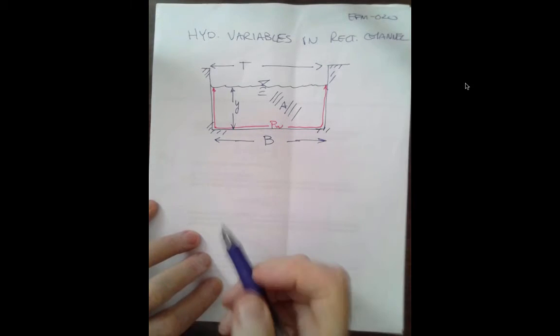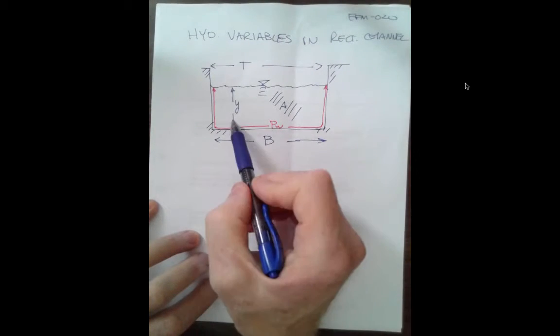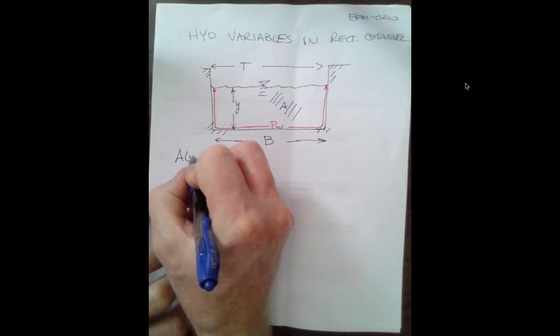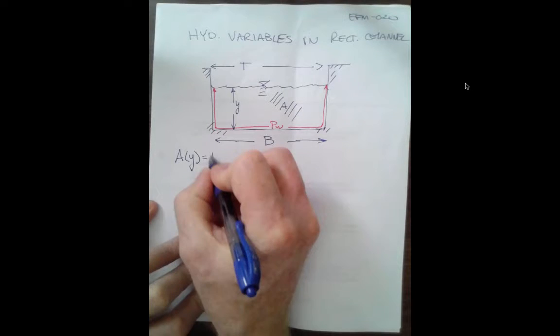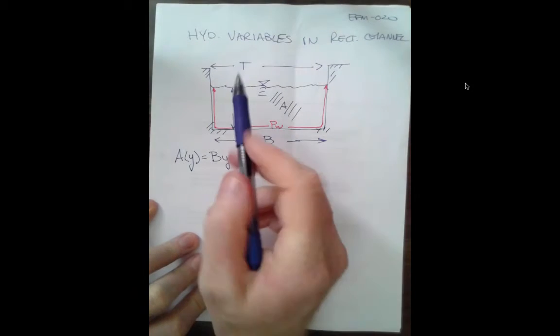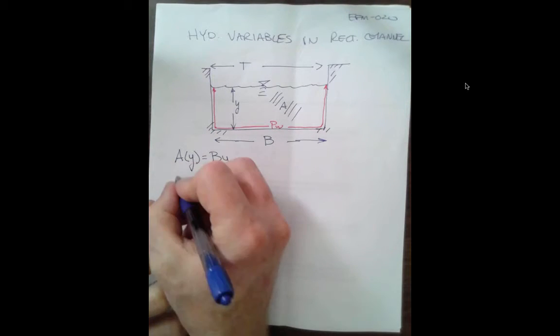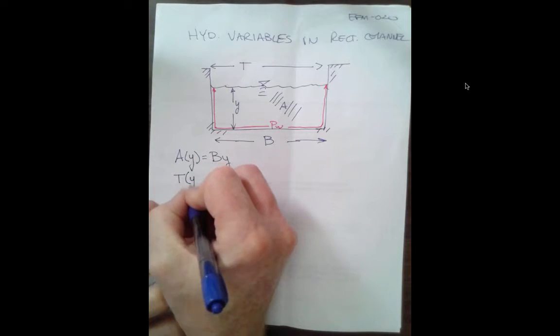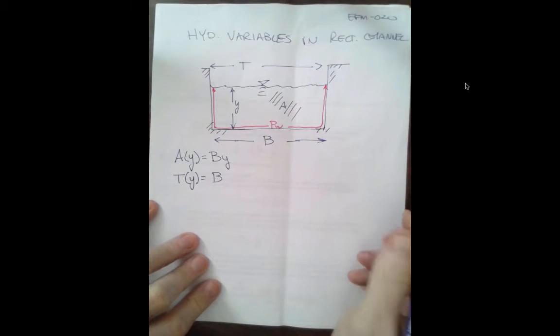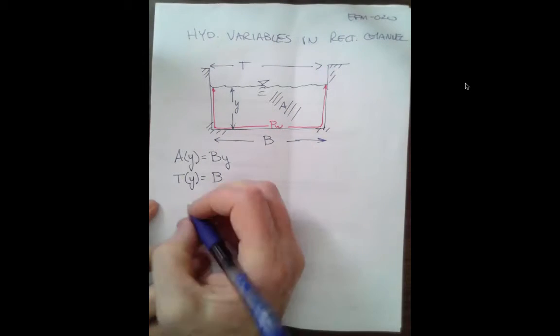Okay, so just examining that, the area of that rectangle is y times b. So area as a function of depth is equal to by. The top width as a function of depth is basically the constant b. There's one exception: when y goes to 0, there is no top width because there's no water.